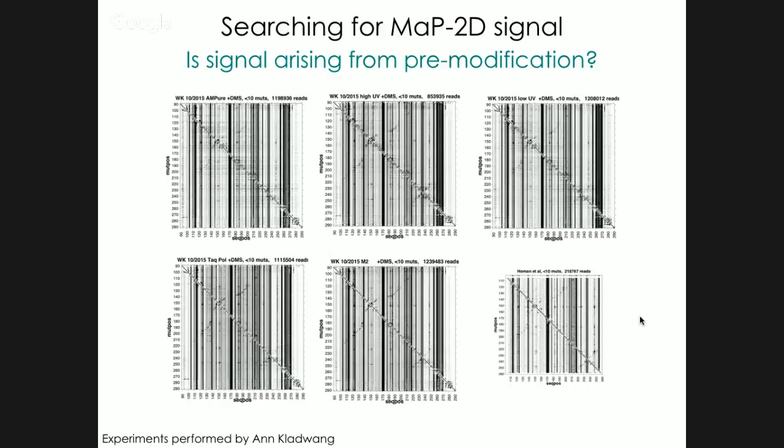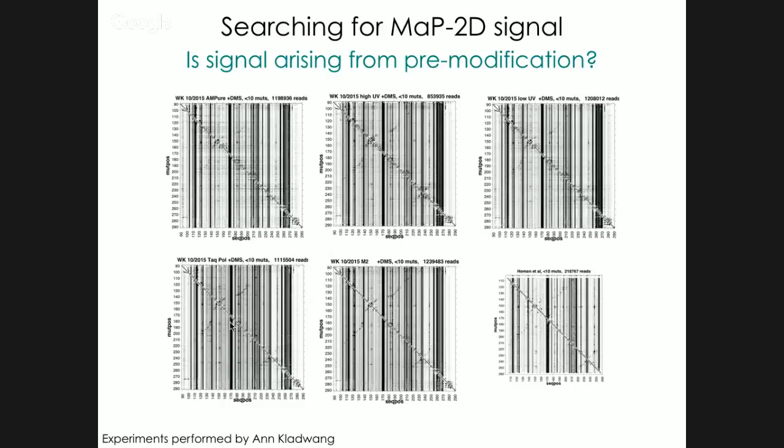So Anne tested whether the PAGE purification would generate two-dimensional signal similar to the Homan dataset by using the UV lamp either held close to the gel, giving it a high dose, or held far away, giving it a low dose in the PAGE purification process.